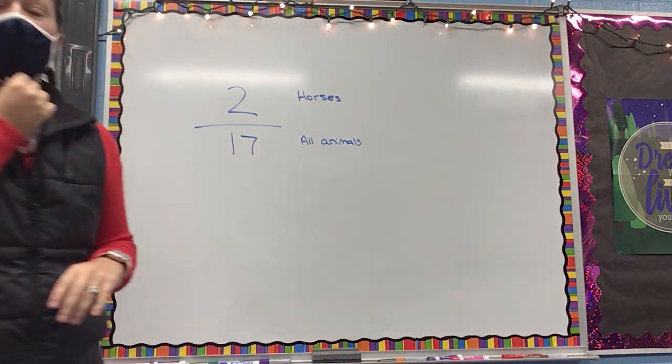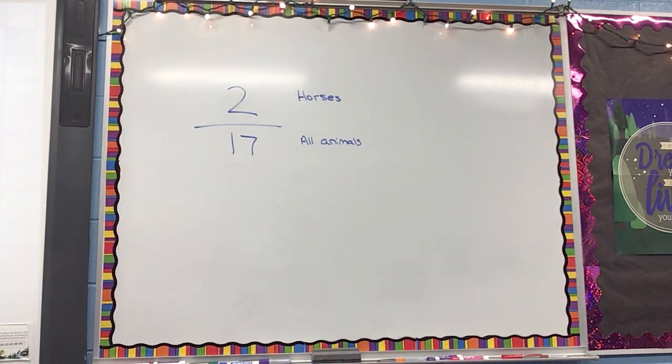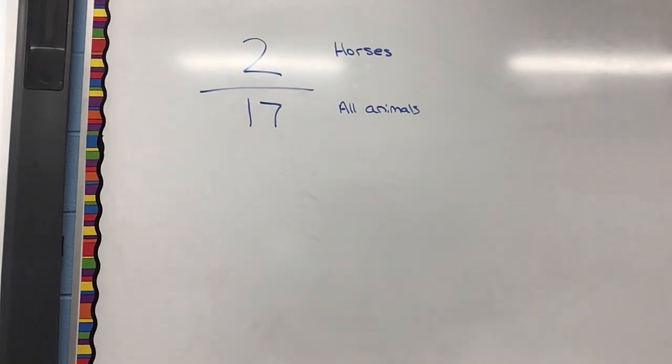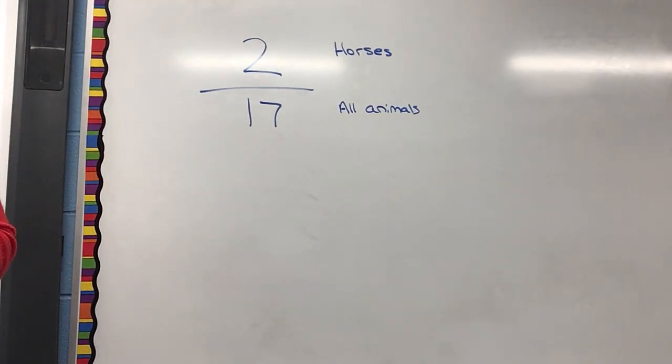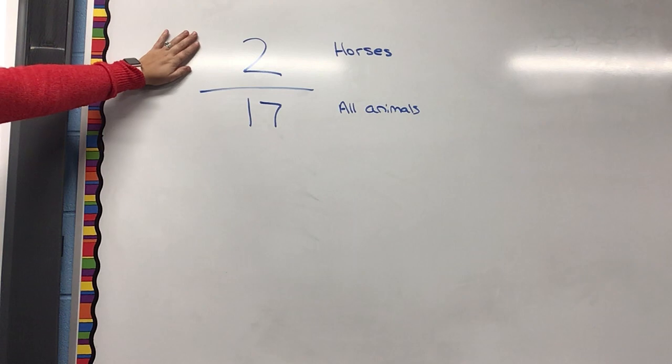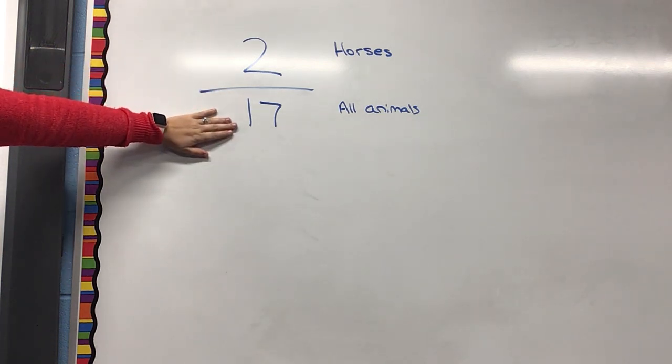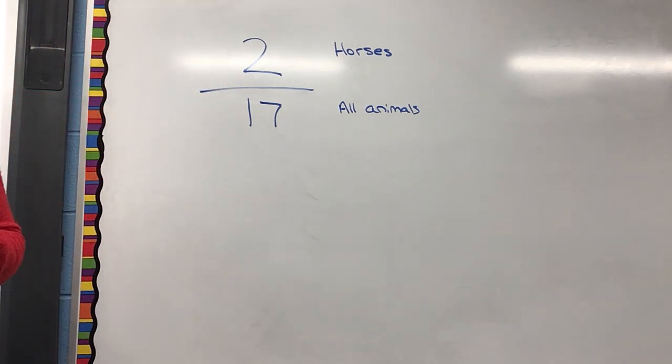All right. So I want you to be creative, and I want you to give me a fraction representing your pets. Like I said, if you don't have pets, be creative and give me a fraction of pets that you would like to have. Maybe when you're an adult, that's what you're going to have. So I have 2 horses out of all of my animals, which is 17. 2/17.